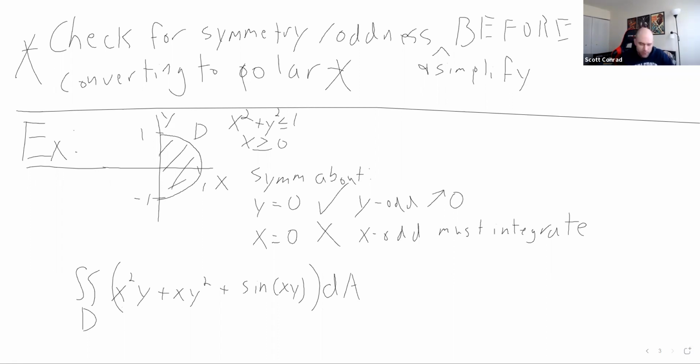Remember, if the thing you're integrating is a function plus a function, that's just the integral of the first plus the integral of the second. So this is the integral over D of the first guy, plus the integral over D of the second guy, plus the integral over D of the third guy.